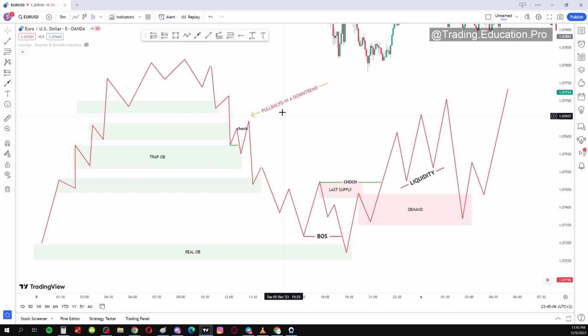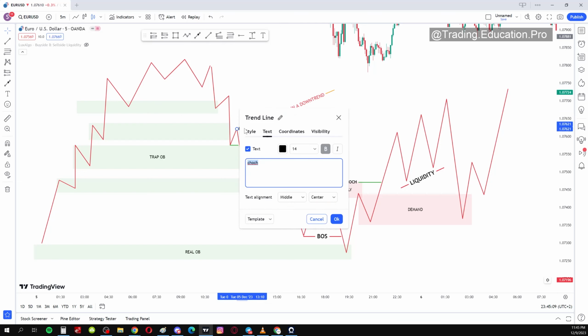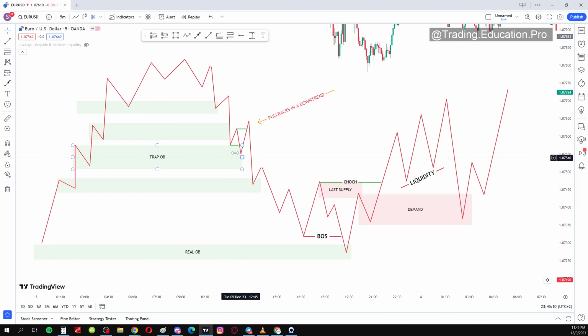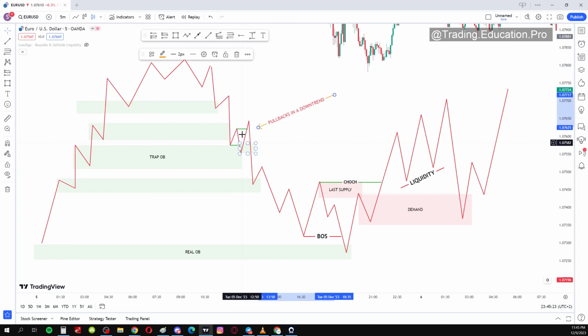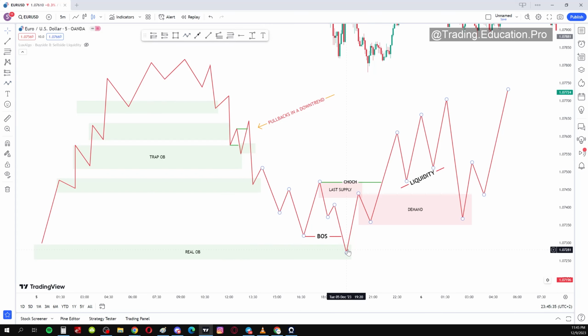It's just a normal thing. So you should not trade every change of character like this, because there will be at least three of these in the downtrend before it actually reaches the real OB.